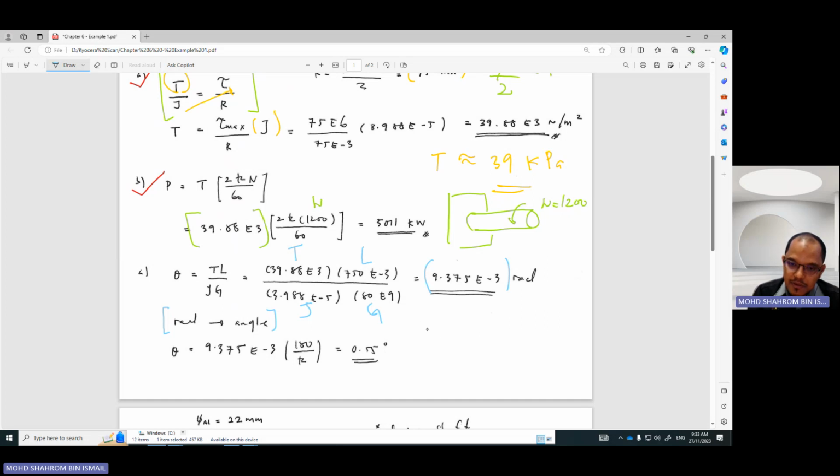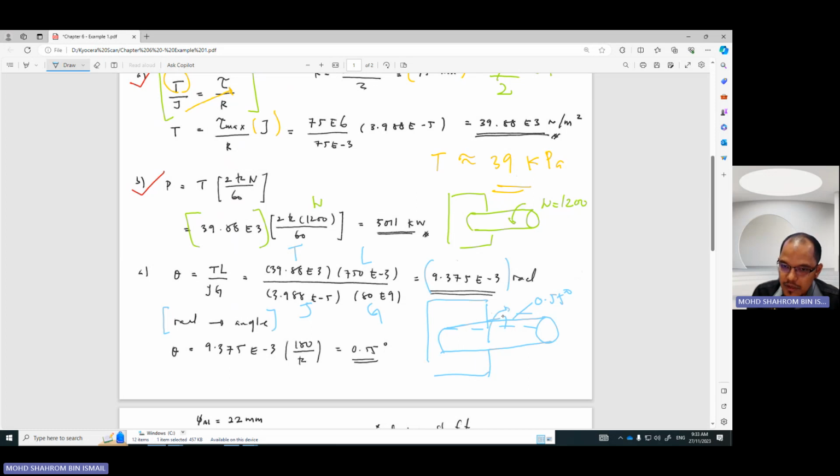So what it means here is, let's say this is your shaft. Okay, this is your shaft. Let's say it twists, and then the angle is about 0.55 degree.